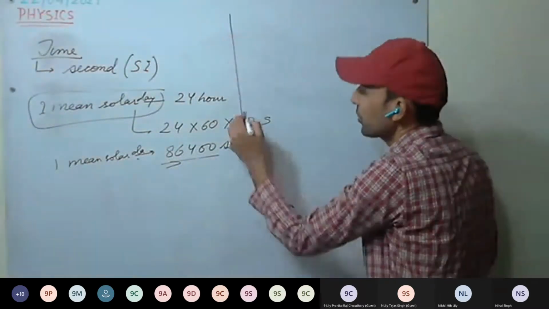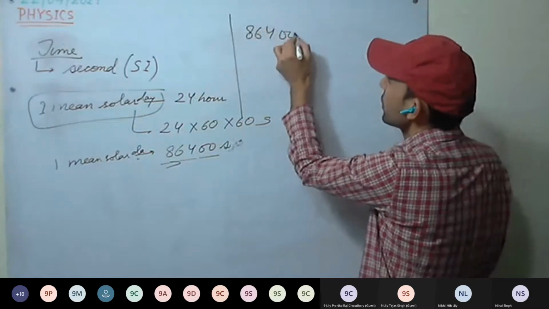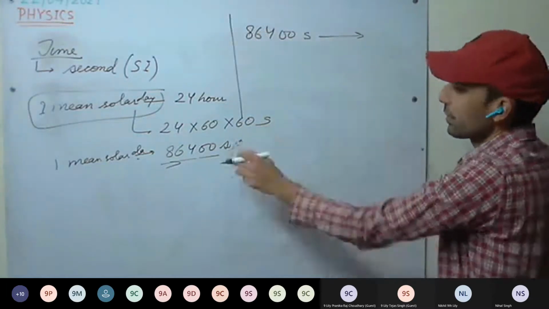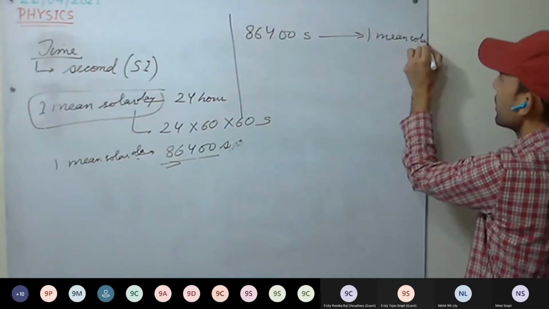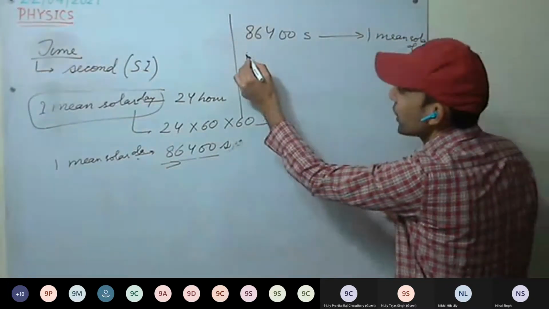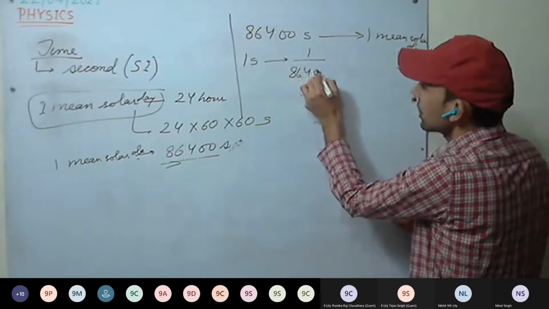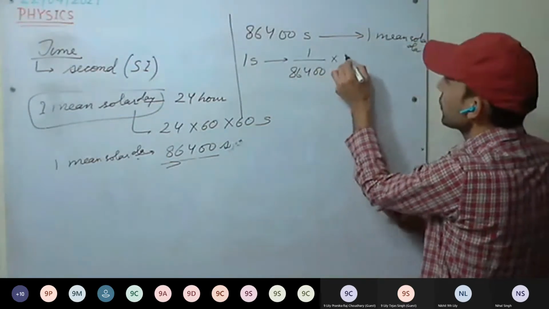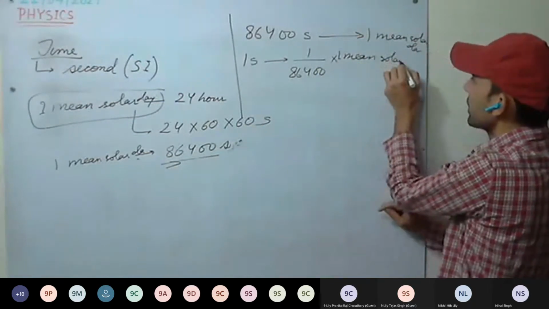We have to define seconds. So how can we define it? 86400 seconds are in one mean solar day. So 1 second will be 1 upon 86400 of one mean solar day.